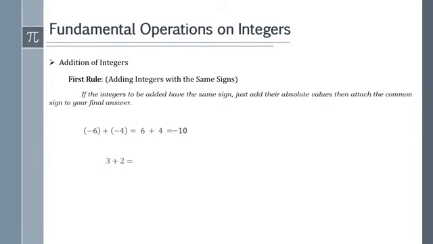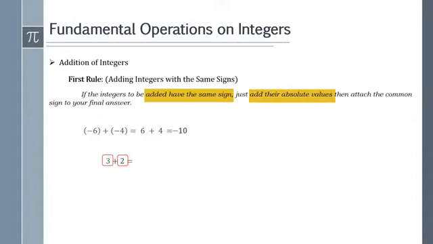Okay? So, next problem. It says here, 3 plus 2. Again, you check if they have the same sign. Okay, you have the same sign. So, what do you do when the signs are the same? Just add their absolute values. The absolute value of positive 3 is 3.